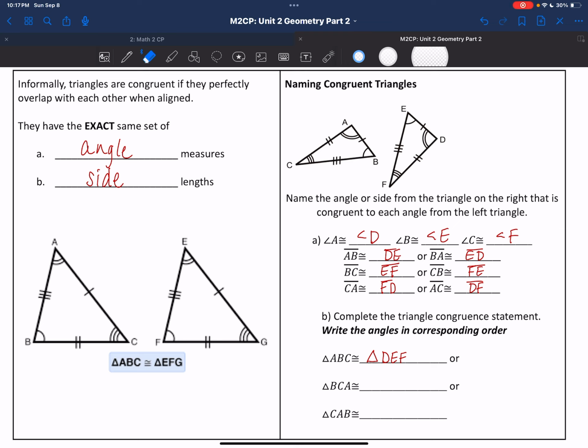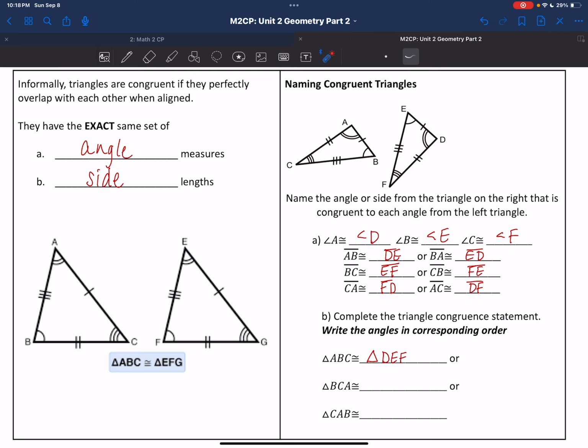So since angle B and E are the same, you know that A and D are the same. You can go from those sides. So let's look at AB. AB has a 2 and a 1 with 1 dash between. So you go 2, 1 with 1 dash between. So AB is congruent to DE.